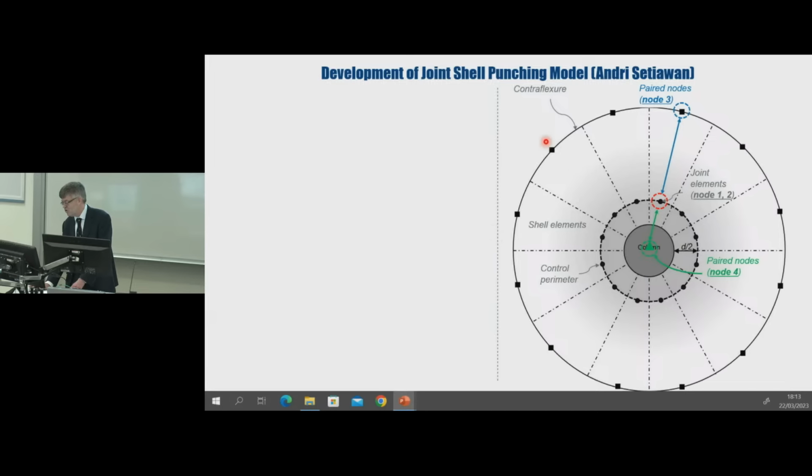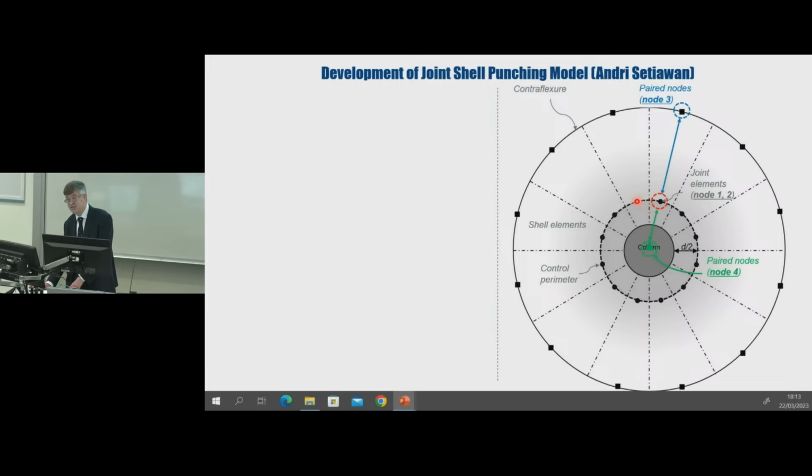In the model, we modeled the slab with nonlinear shell elements. These elements are unable to model through thickness shear failure. So consequently, we introduced joint elements around the punching control perimeter at 0.5D from the column face.